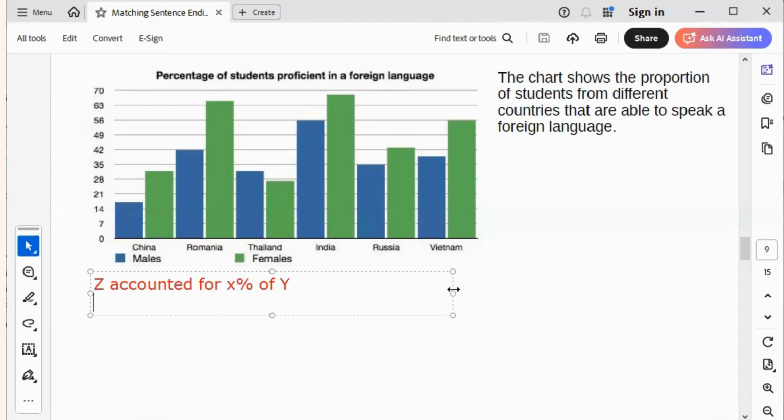Now, if I want to do this for China, I'm going to say males. Remember that Z in XYZ is the part.